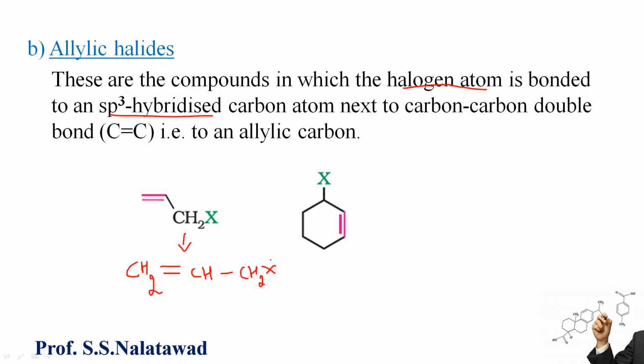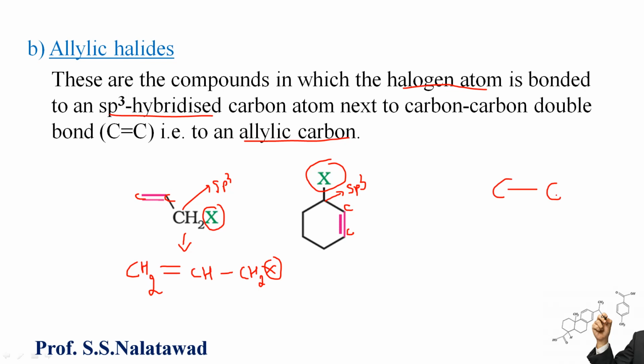Here halogen is attached to the sp3 hybridized carbon. This halogen is attached to the sp3 hybridized carbon atom, which is further attached to carbon-carbon double bond. So we call it allylic halide. This carbon next to the carbon-carbon double bond is called allylic carbon. Second example, here halogen atom X is attached to the carbon atom which is in sp3 hybridized state, which is further attached to the carbon-carbon double bond.